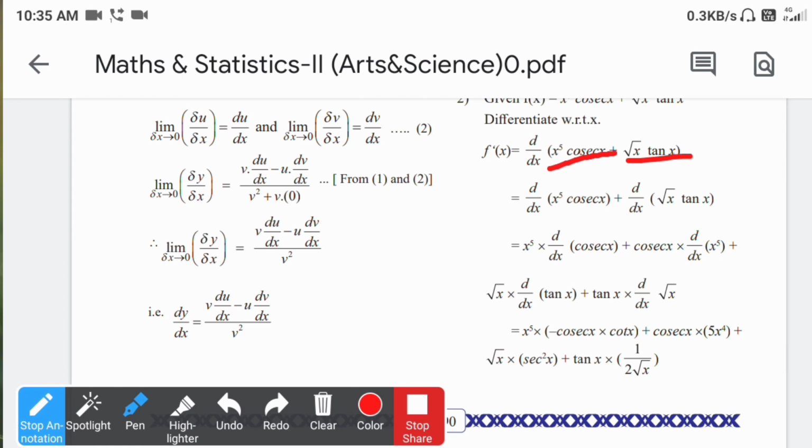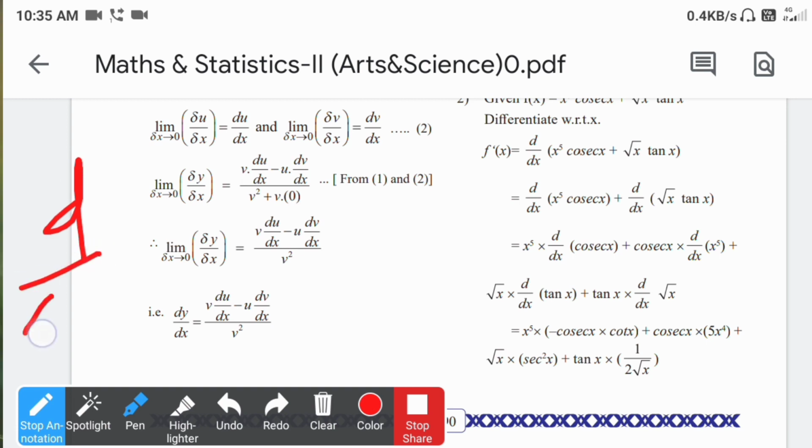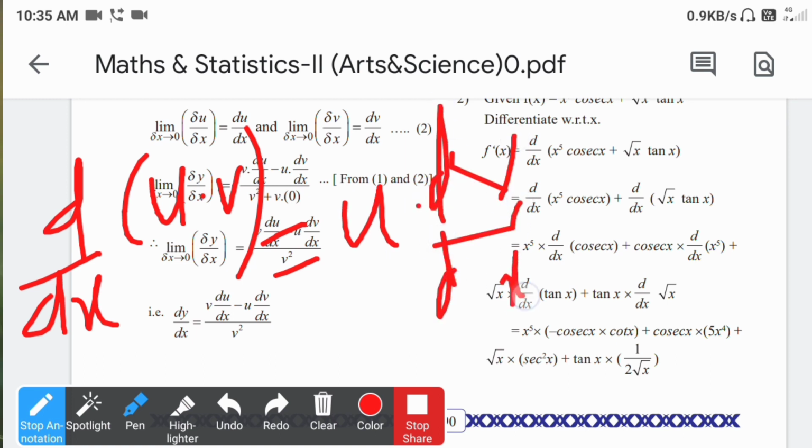So what is the UV rule of multiplication? The derivative of u into v: suppose there are two functions which we want to differentiate with respect to x, then what is the formula? The first function as it is into the derivative of the second function, plus the second function into the derivative of the first function.